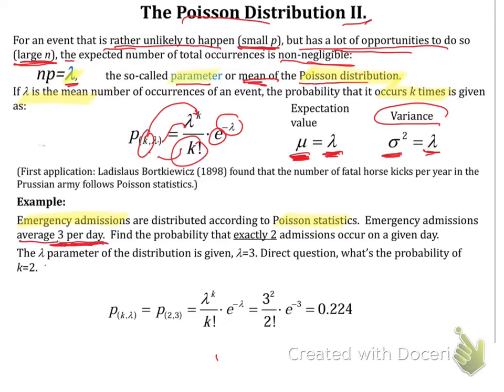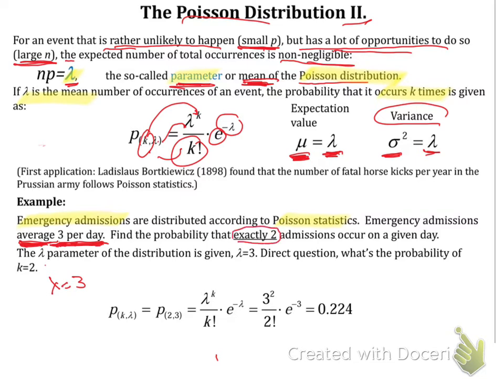It could be per hour or per minute in different scenarios, but in this case 3 per day, so the interval is a day. This is lambda, because lambda is the average, the mean, or the Poisson parameter. So lambda equals 3.